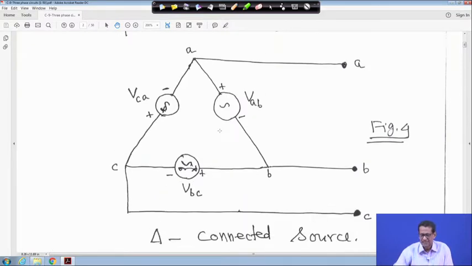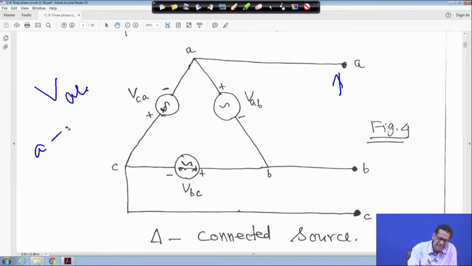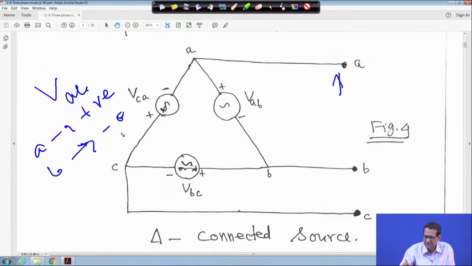Now look into that. In this case, there is no neutral. In this case, VAB, right? When you say VAB, that means A is at instantaneous positive polarity and the B terminal is negative, right? So when it is VAB, this is positive and this is negative.